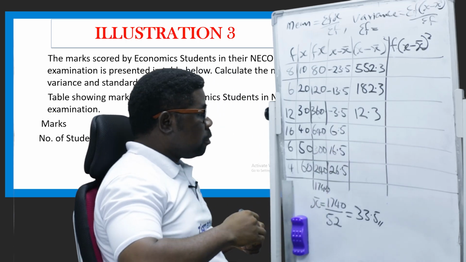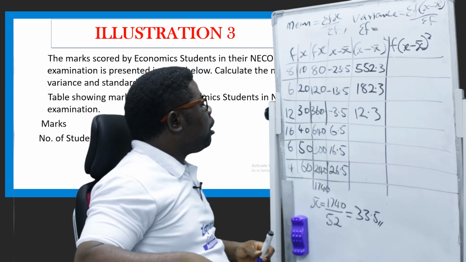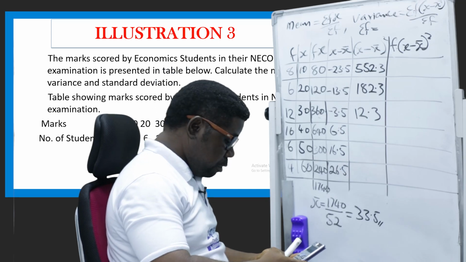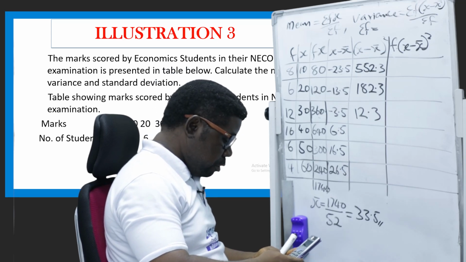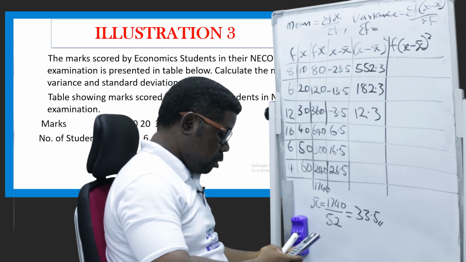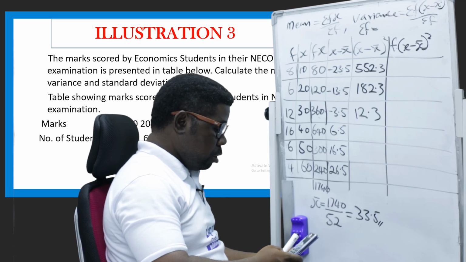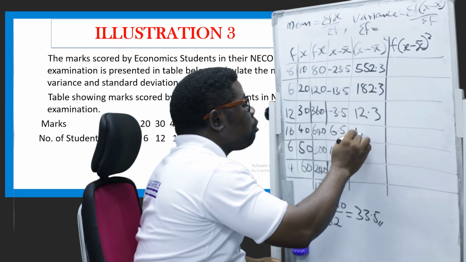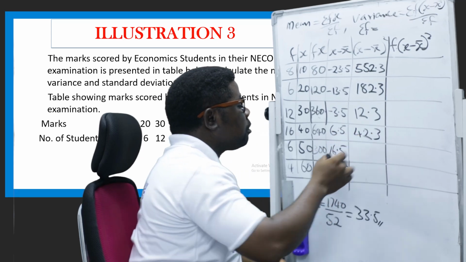Then we have 6.5 times 6.5, which is equal to 42.3.